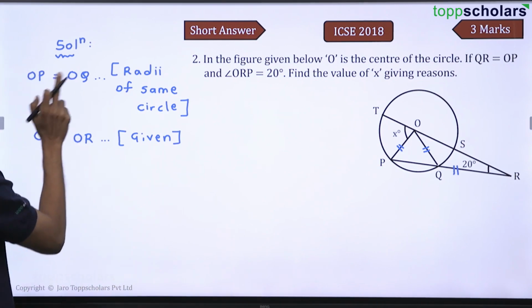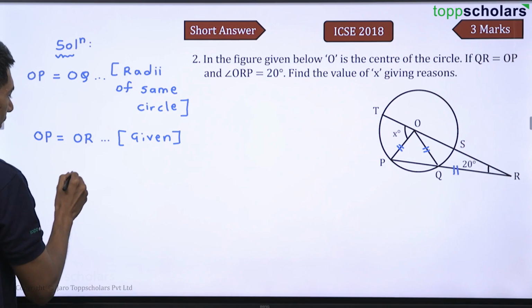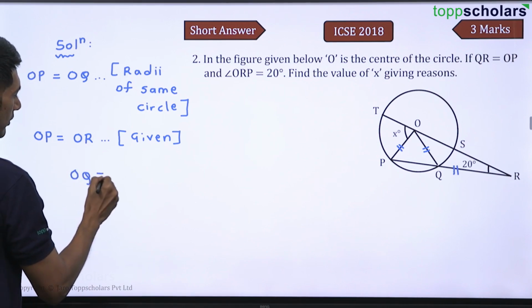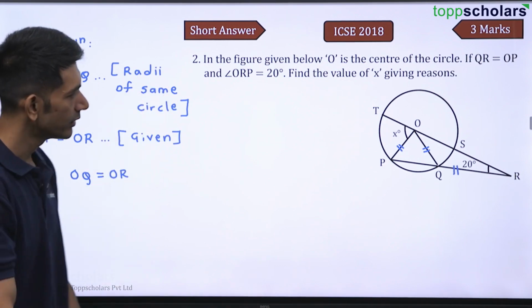So can I say if OP is equal to OQ and OP is equal to OR, from 1 and 2, can I say OQ is equal to OR? Right, from the above two statements.